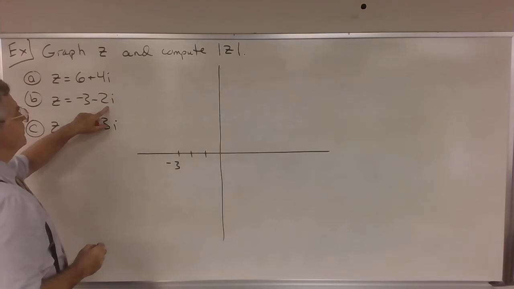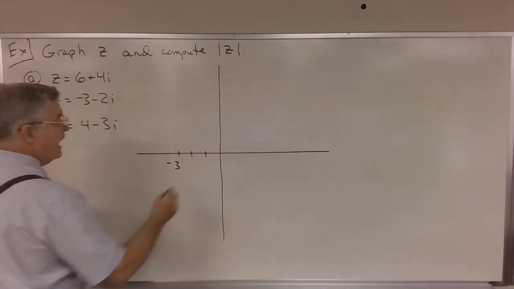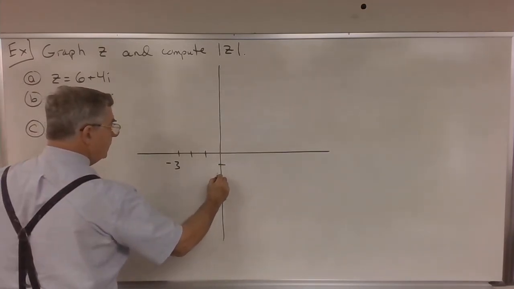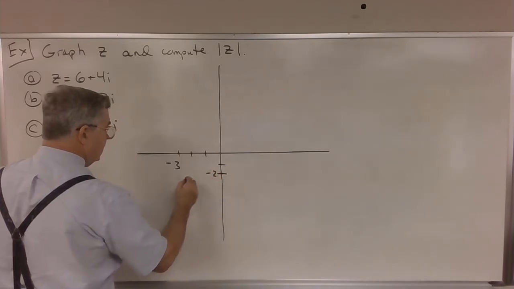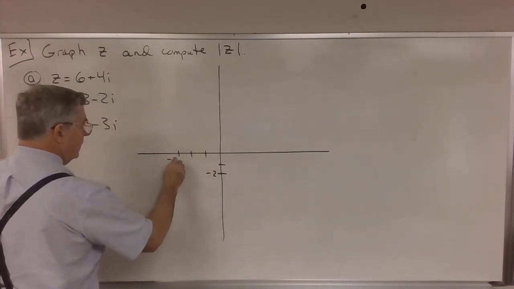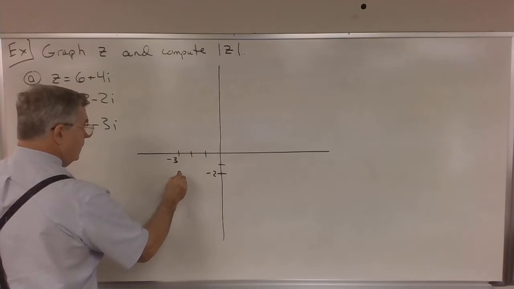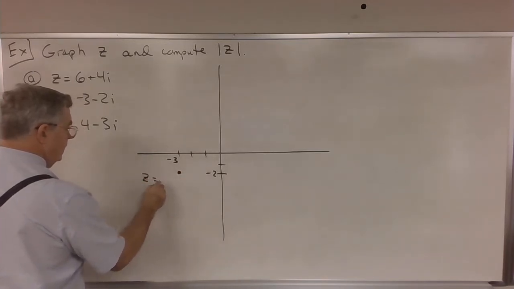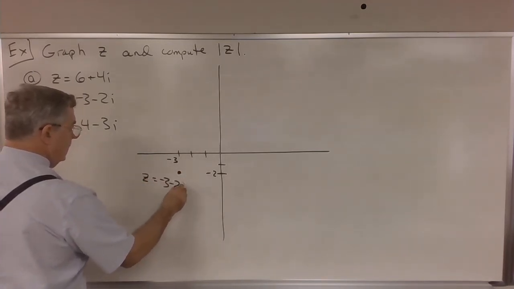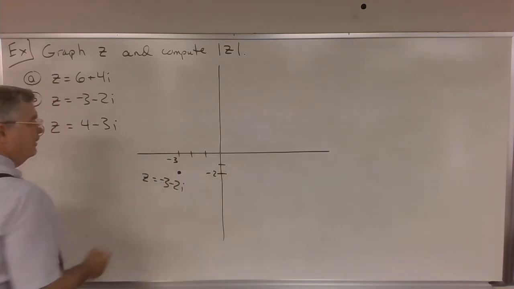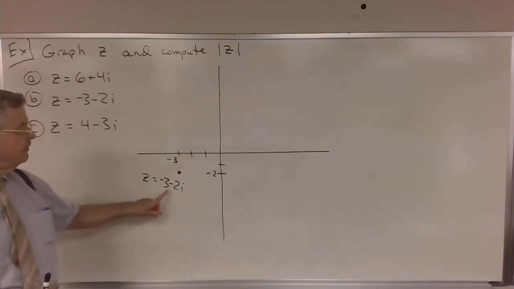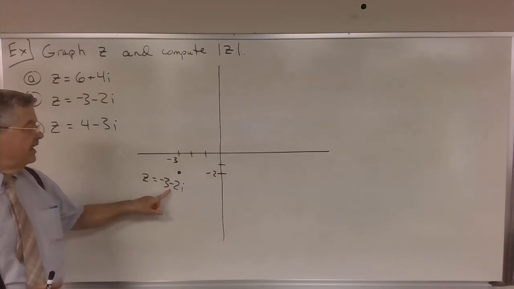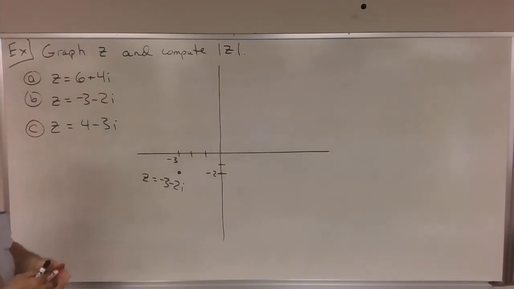And the imaginary part, which we mark on the y-axis, is -2. So here's our real number, here's our complex number z, -3 minus 2i.